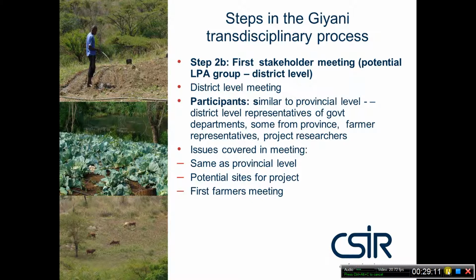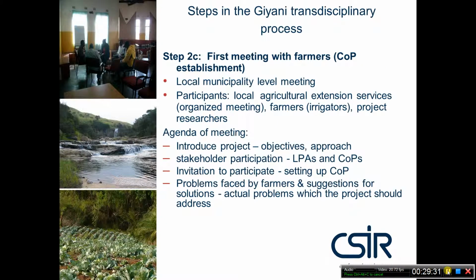The issues covered in the meeting were the same as those at provincial level, and this also included a discussion on the potential sites for the project. In this meeting, the first farmers meeting was also discussed, and that is the meeting that was then going to set up the community of practice.